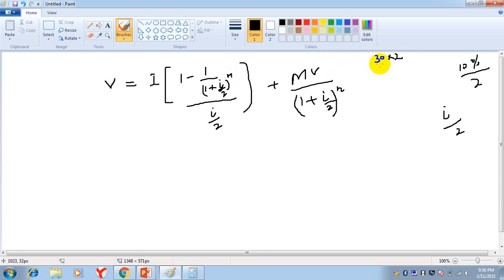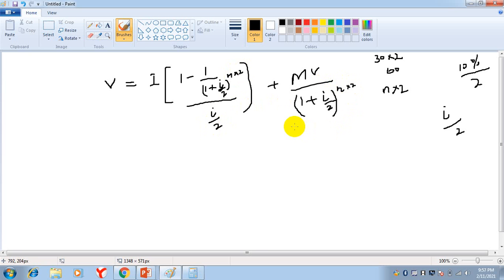So in 1 year 2 times, so in 30 years you will receive interest 60 times. So this n will be multiplied by 2. This is the second adjustment.